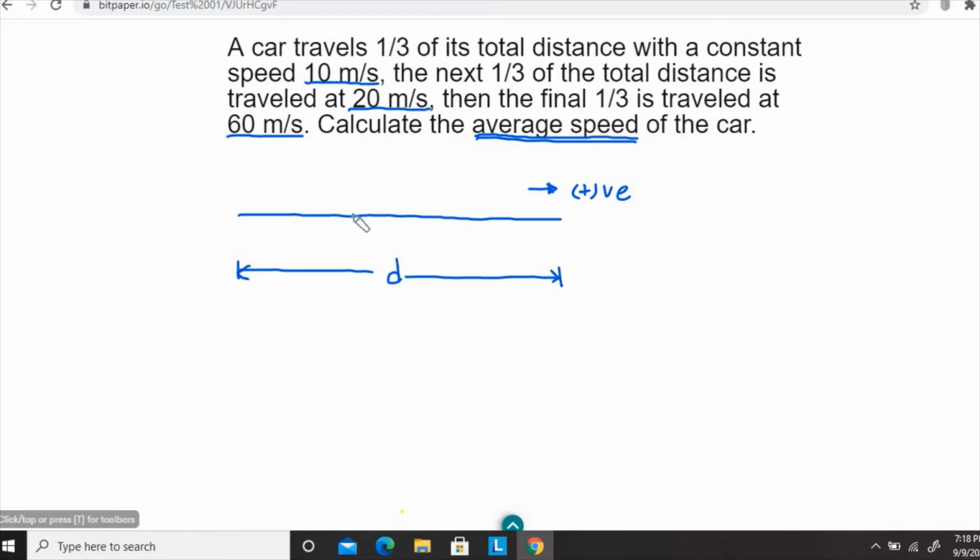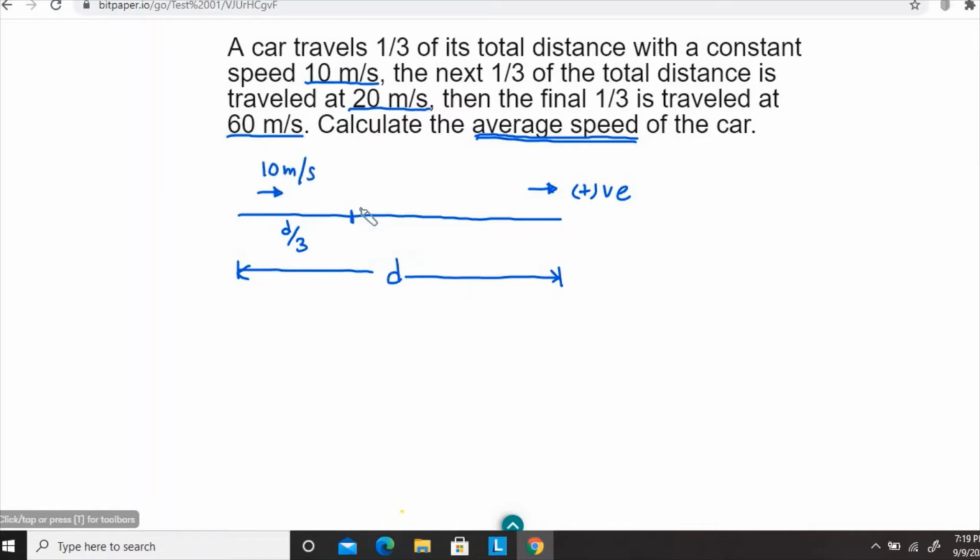For the first segment, you can see one-third of the total distance. If the distance is d, the first one-third I can write as d over 3. For this part, the constant speed is 10 meters per second.